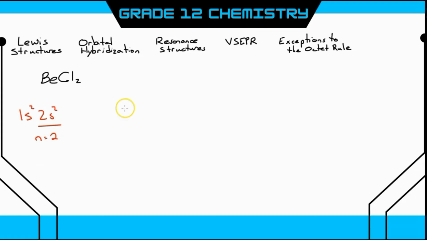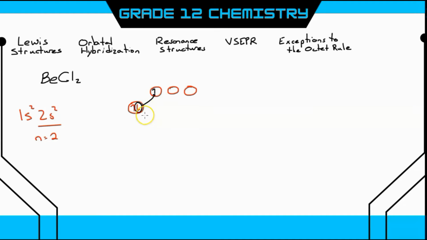All right, so it has a full n equals 2 shell, looks like this. Right? And there's nothing over here in the p's. So what beryllium does is it takes one of these electrons, puts it into here.